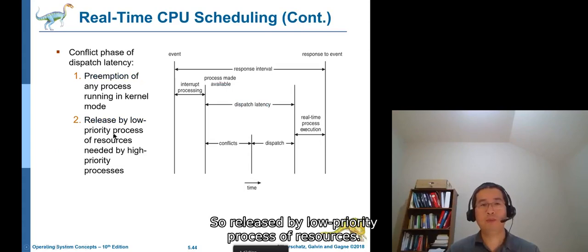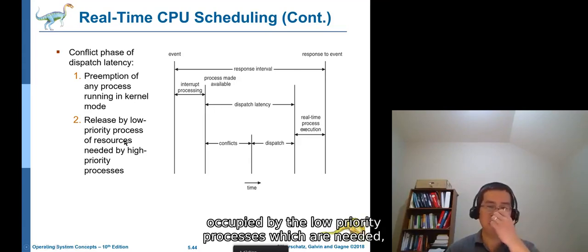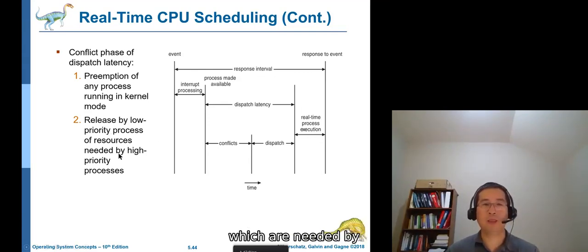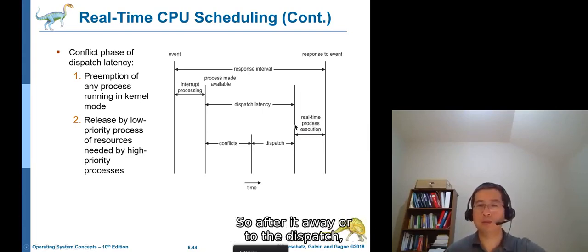So release by low priority process of resources means release of resources. I think maybe it's better written as release of resources occupied by the low priority processes, which are needed by the high priority processes to be run on the CPU.